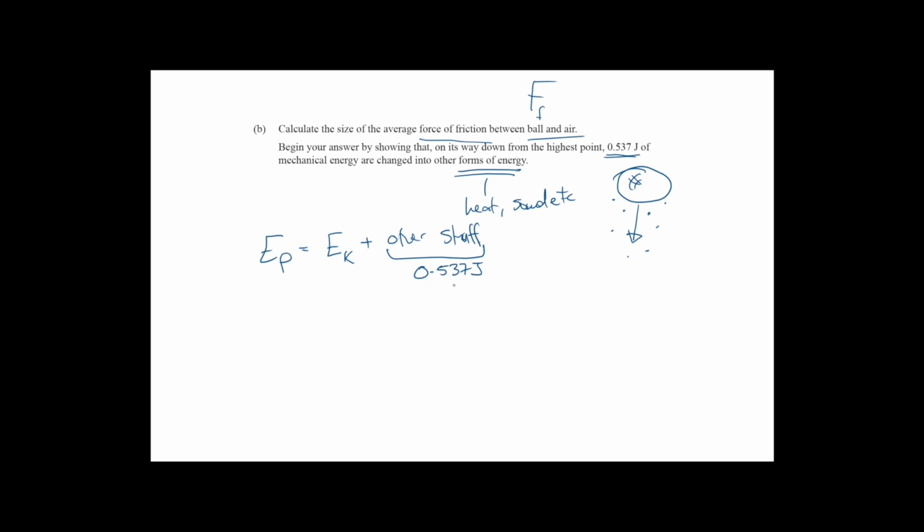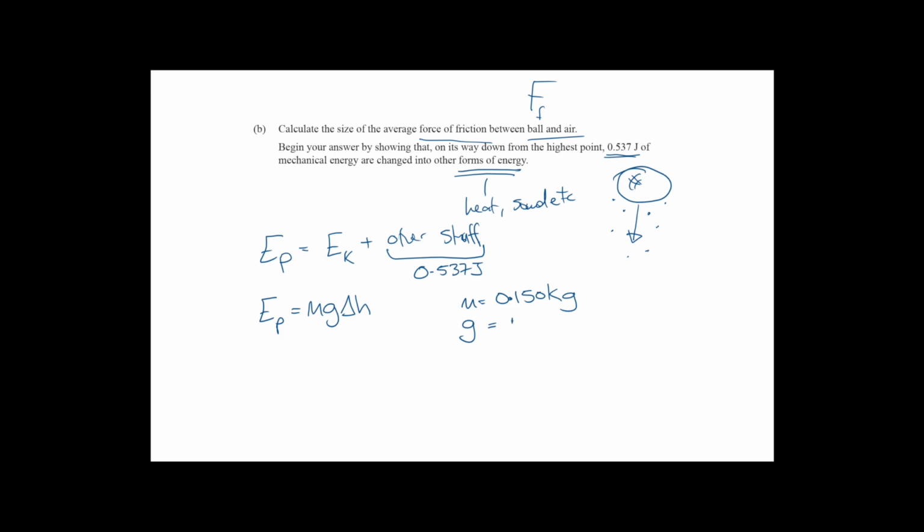Okay, so let's work out the potential energy at the top. So remember the formula for that: mass times gravity times change in height. Well, we know the mass. The mass is 0.150 kilograms, already in SI units.